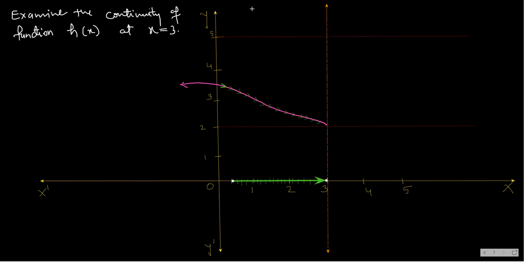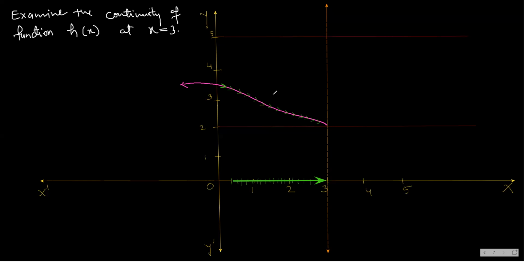So when x is approaching 3, you will notice that the function is approaching 2 on the y-axis. See, the function value is always taken on the y-axis. So what is the function value approaching? When x is approaching 3, the function value is approaching 2.